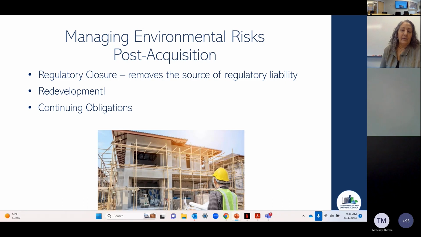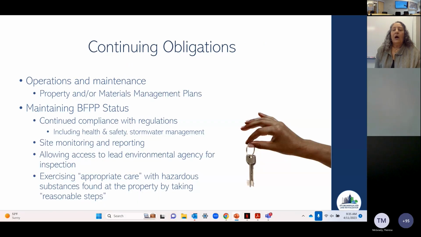All of the liability protections that we've been talking about that are available through the CERCLA rule, and innocent purchaser, bona fide prospective purchaser, all of those come with a little bit of lingering requirements. And these are termed continuing obligations.